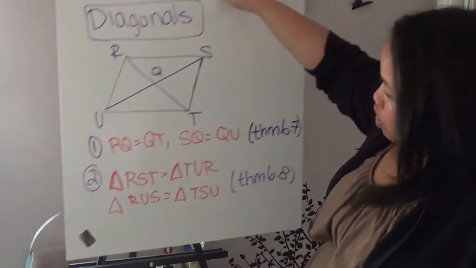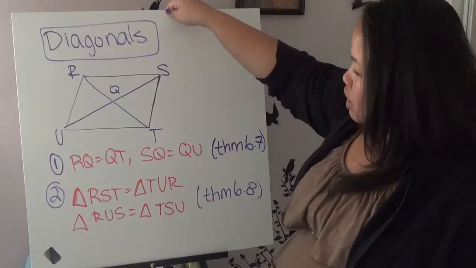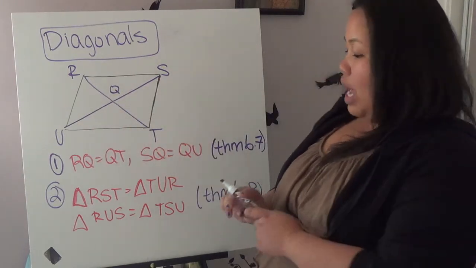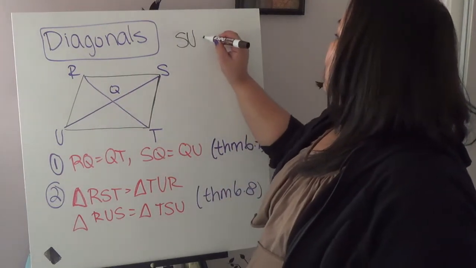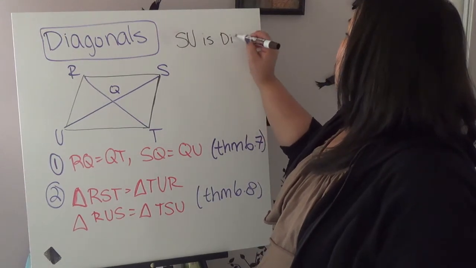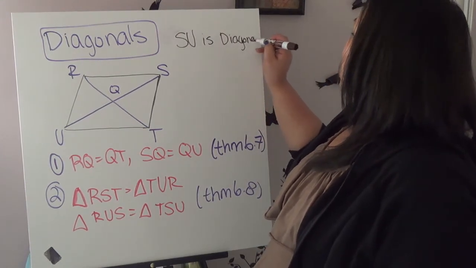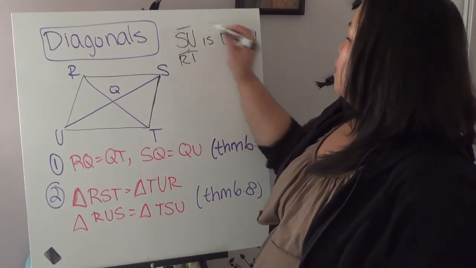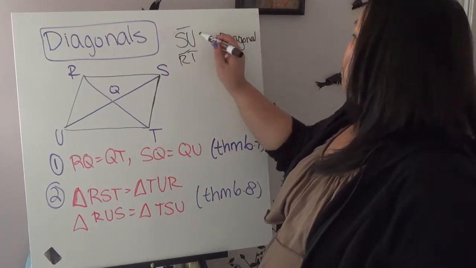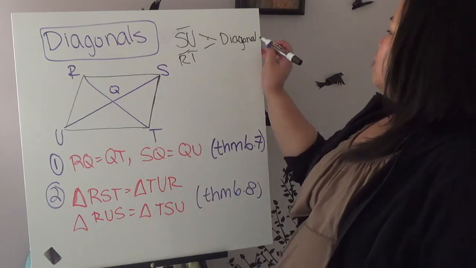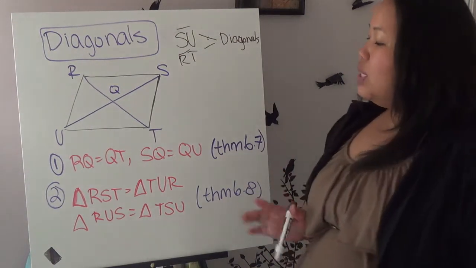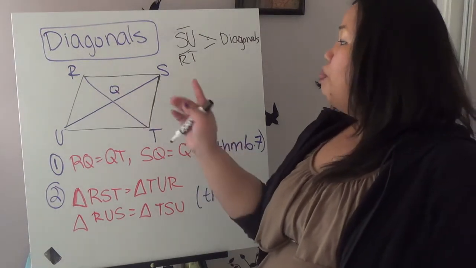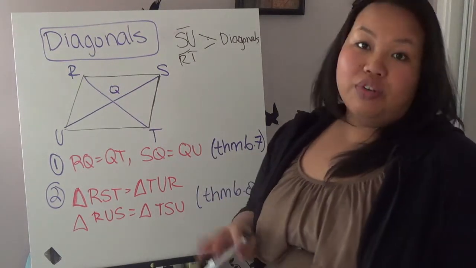And diagonals are the ones where you connect opposite corners. So when you connect opposite corners, this is a diagonal. So SU is a diagonal, as well as RT. So they're both diagonals. Okay? And what it tells me is that when there is a diagonal, Q is the bisector of all of them.